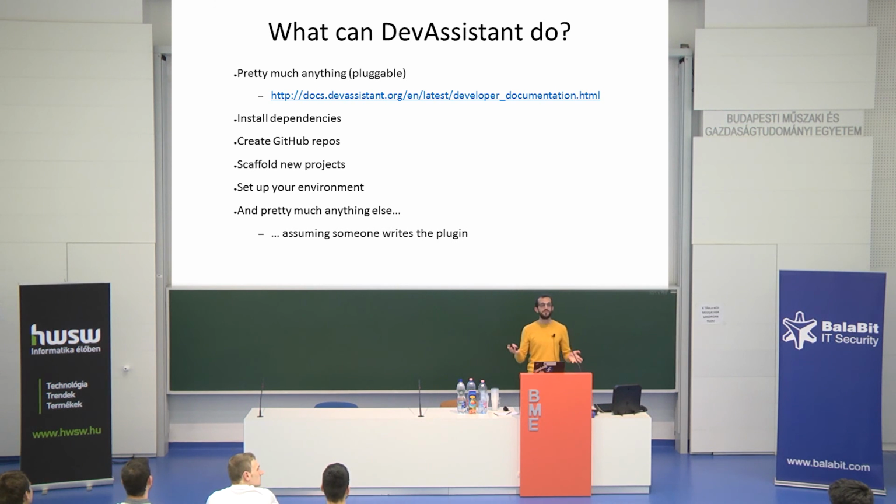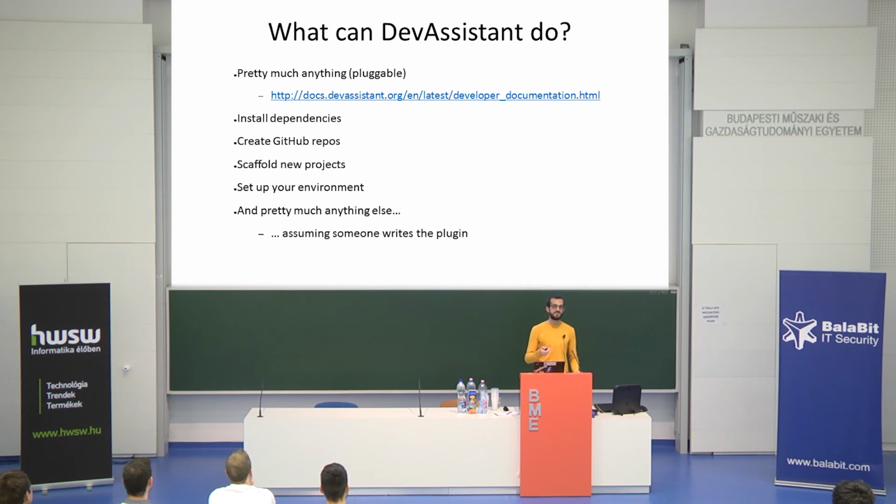So what can DevAssistant do? DevAssistant itself is basically just a core or framework that executes plugins. And plugins can do pretty much anything. They can install dependencies, or they can create GitHub repositories automatically. They can scaffold new projects. They can set up your environment.